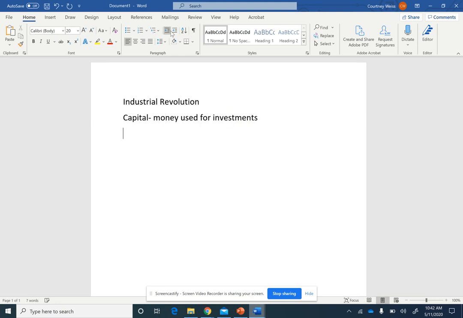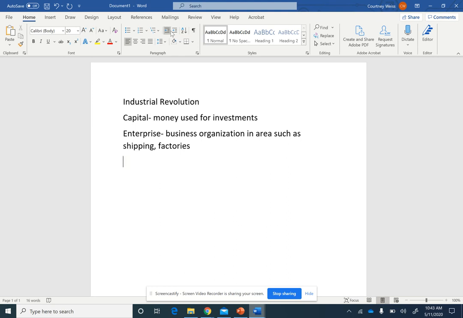If you guys have ever watched Shark Tank, you would know capital is money that's used to invest in an enterprise. Basically, an enterprise is just a business organization in a specific field, such as shipping, factories, what have you.